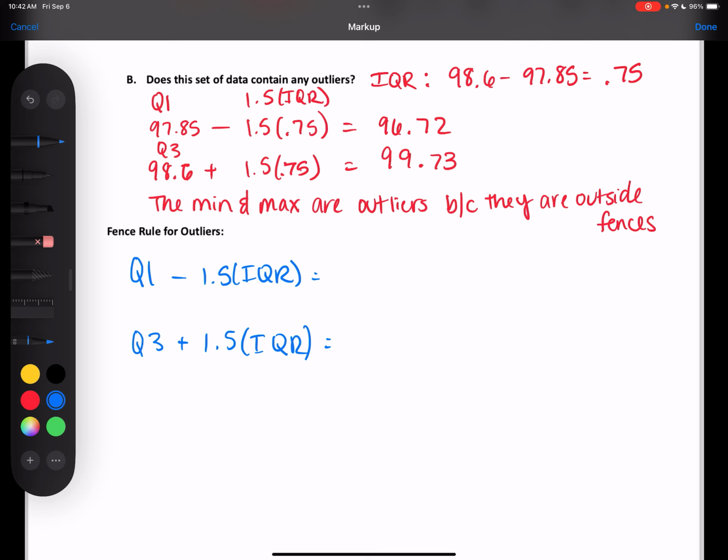So an outlier is any point more than 1.5 IQR from either end.